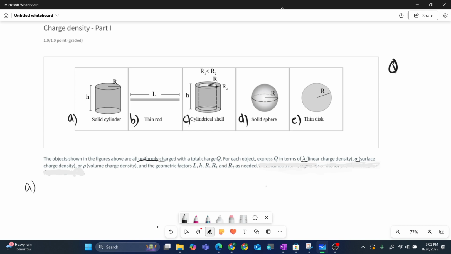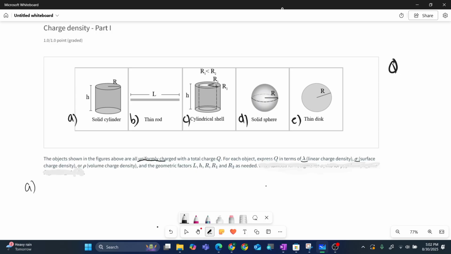For this cylinder, is it a one-dimensional object? If it's a one-dimensional object, I will use linear charge density. If it's a two-dimensional object, I will use surface charge density, and if it's a three-dimensional figure, then I will use volume charge density.